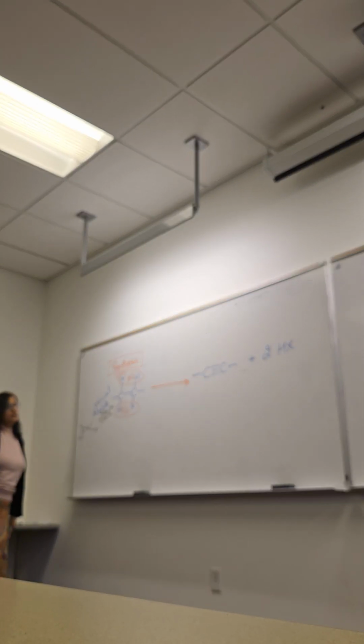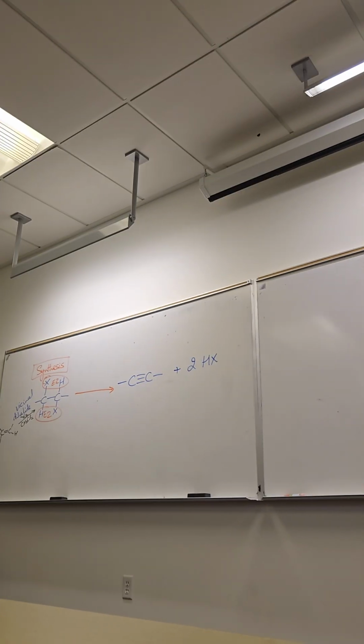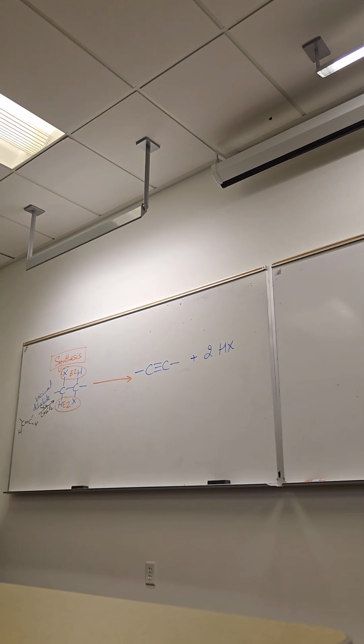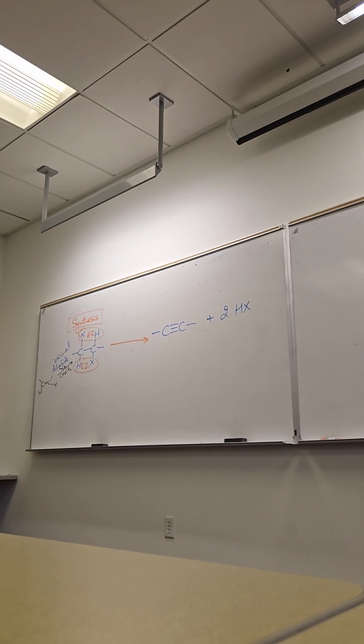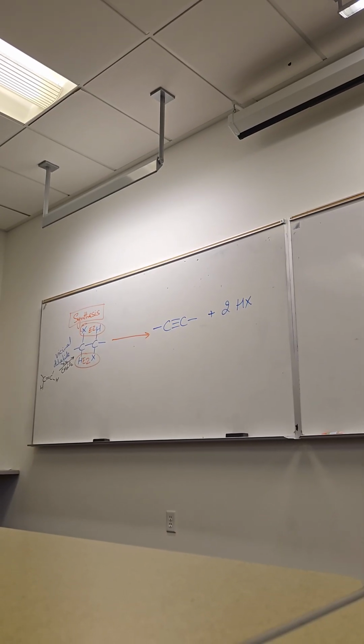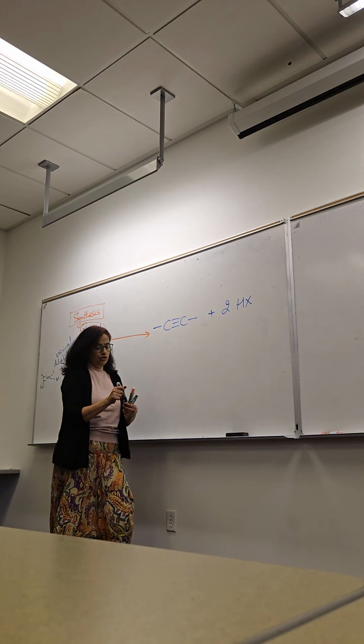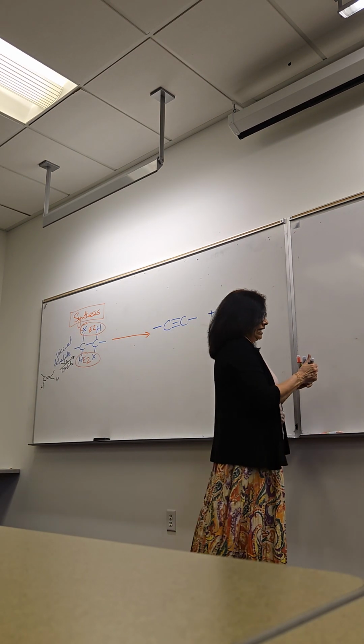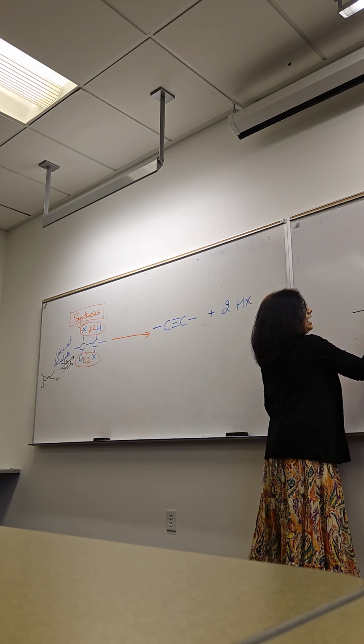But then the question is, what base should we use? Can somebody remind me what bases we used in dehydrohalogenation to make an alkene?